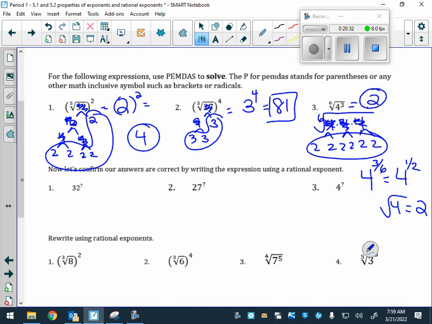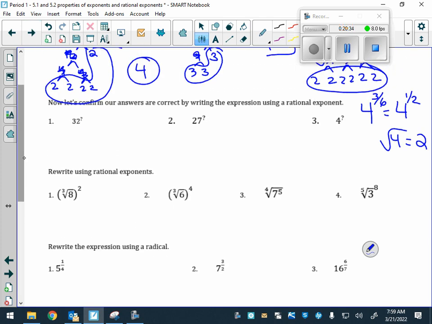Yes. So I rewrote it as a rational exponent and then reduced it and then wrote it back to a square root. Okay? All right.